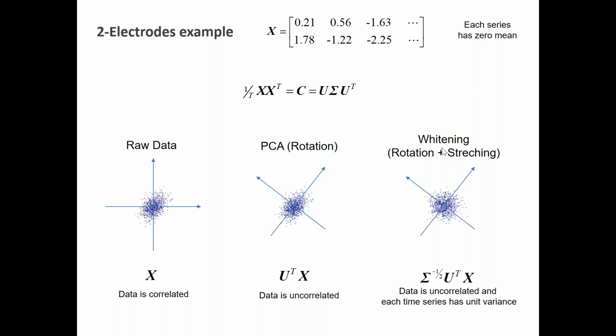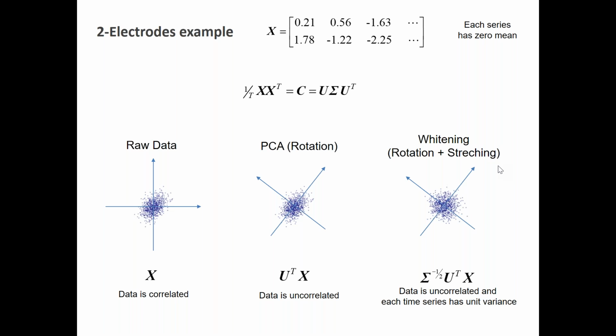So to recap this, we have seen that whenever you have a matrix of data, it suffices to compute the covariance matrix, decompose it by means of the eigenvalue-eigenvector decomposition, and then you can do principal component analysis, which is very much used, and you can do whitening, which is actually very useful because this whitening is always or almost always the first step that is performed to perform advanced signal processing methods.